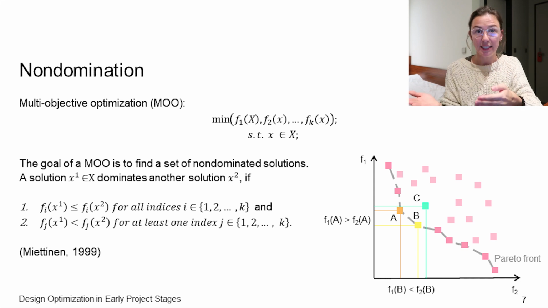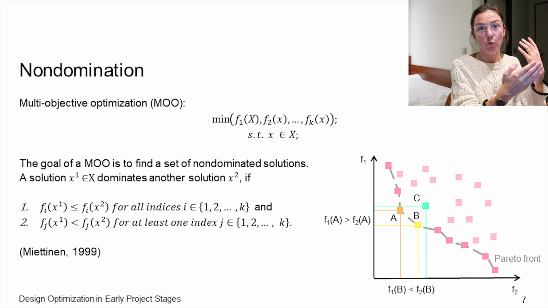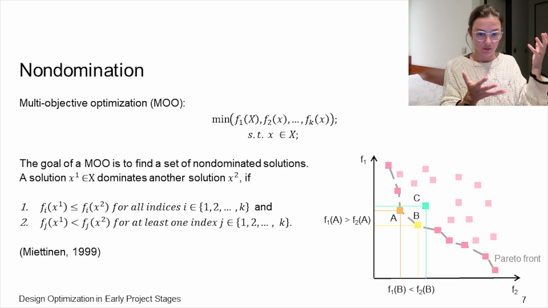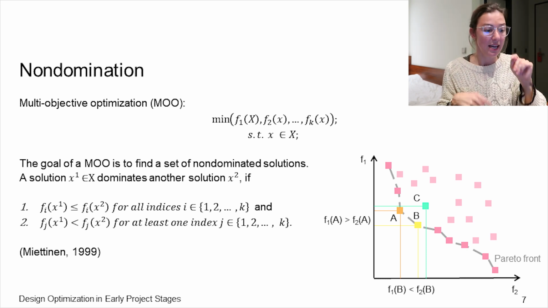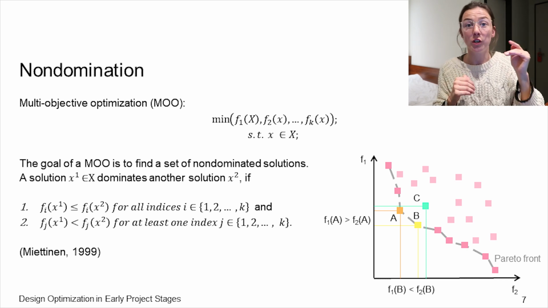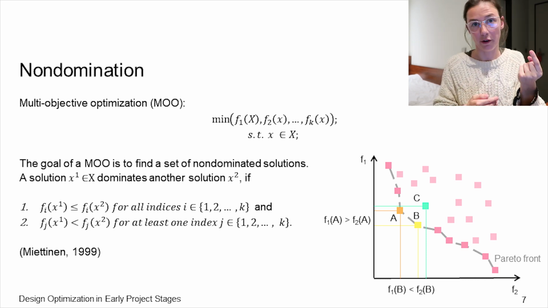So in this case, how can we determine if one solution is better than another? And this is where the concept of non-domination comes in. That says one solution is better than the other if it scores equal or higher in all of the objectives, but better in at least one of them.